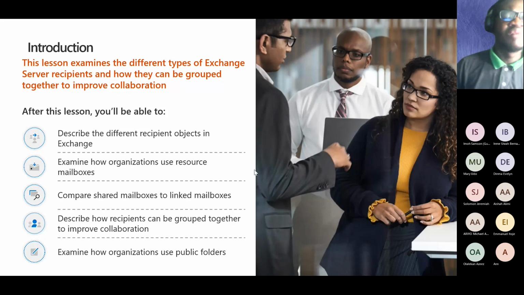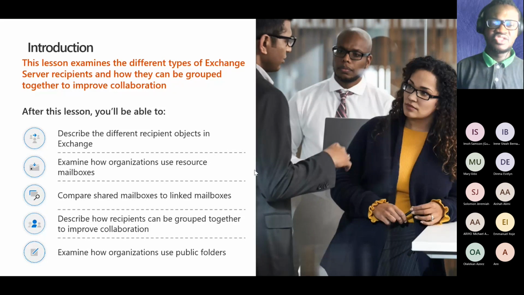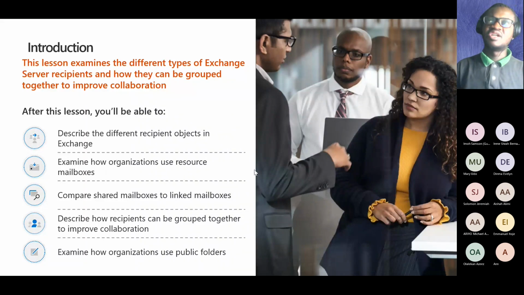Basically, this lesson is just to look at different types of Exchange server recipients. What do we mean by recipient? Like I explained in one of the classes, recipients are objects that can receive emails or send out emails.